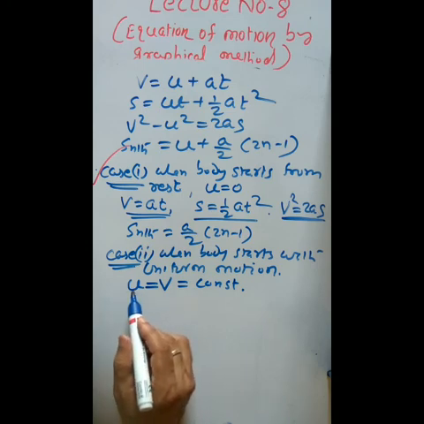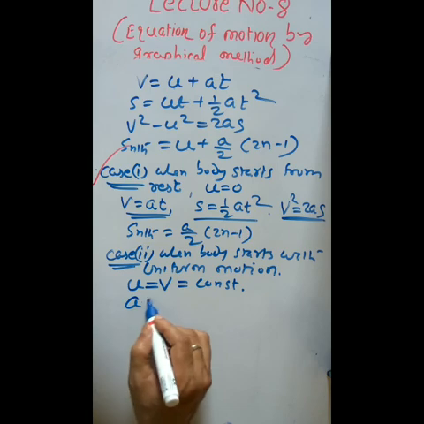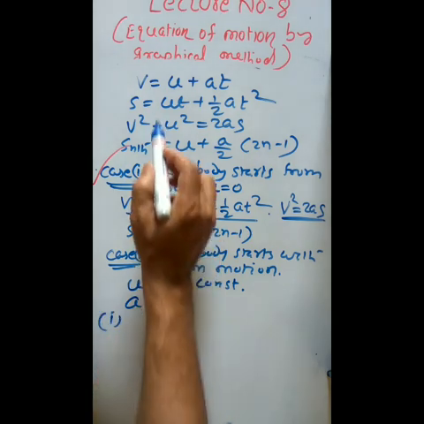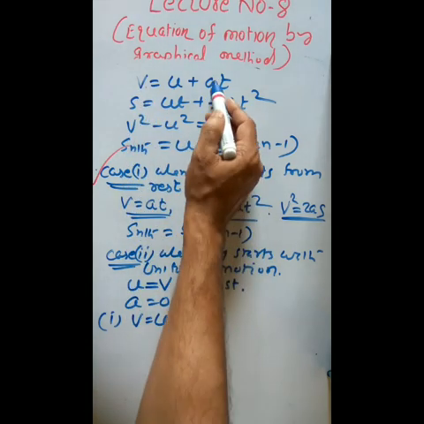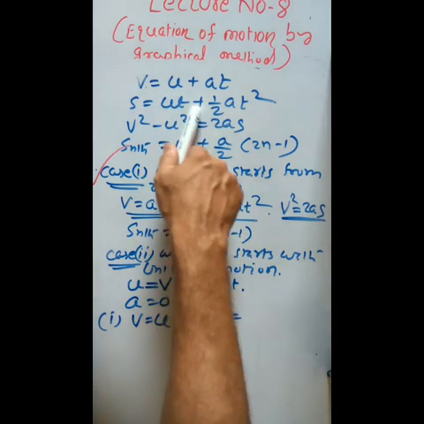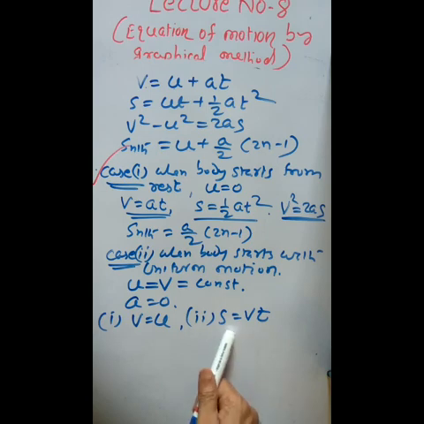In this case acceleration is equal to 0. Then the first equation becomes V is equal to U, because acceleration is 0. In the second equation, S is equal to ut plus half a t square, A is 0, so S is equal to Vt.